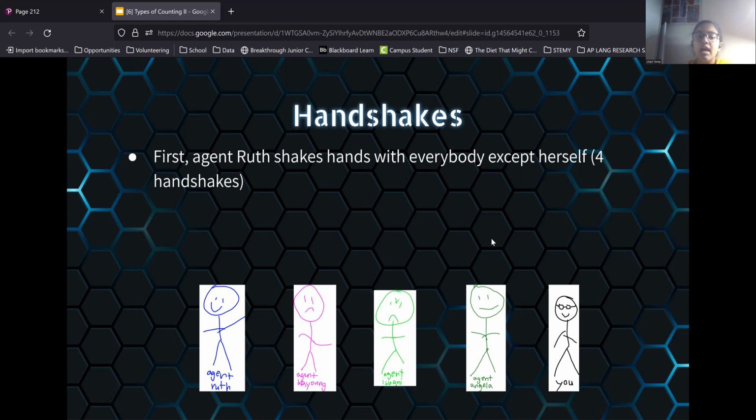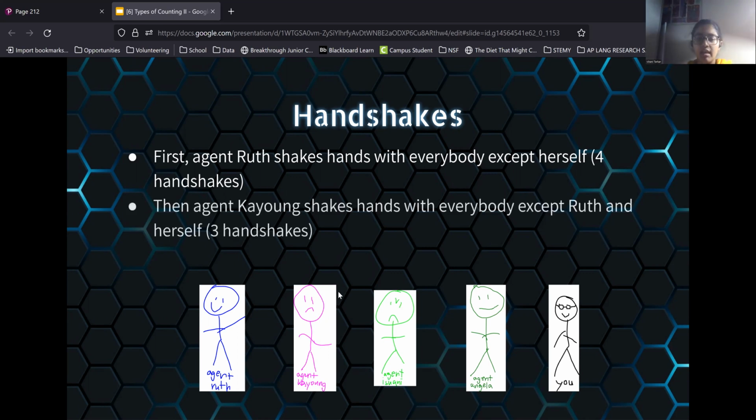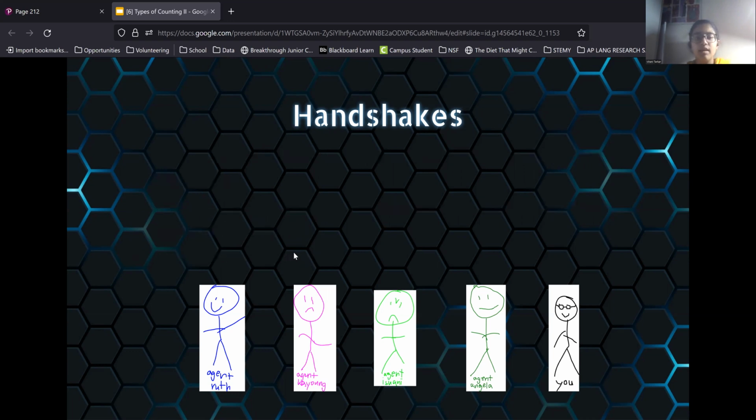Then Kayang would shake hands with 3 people, because she already shook hands with Ruth. That would be me, Angela, and you. So that would be 3 handshakes, and then 2 from me, and 1 from Angela. So 4 plus 3 plus 2 plus 1 is 10 handshakes. And this pattern of 4, 3, 2, 1 continues, right?